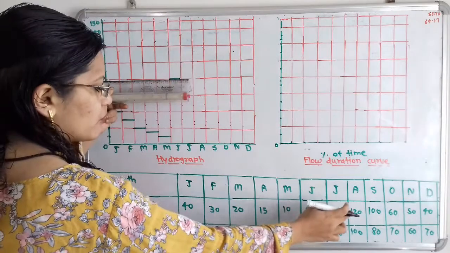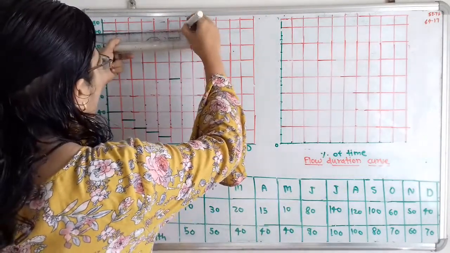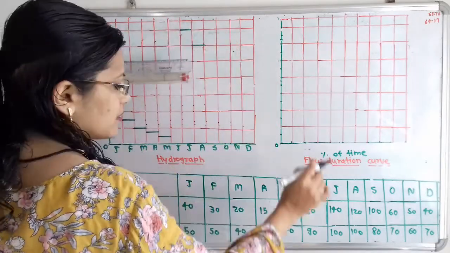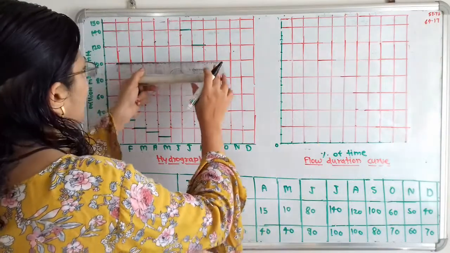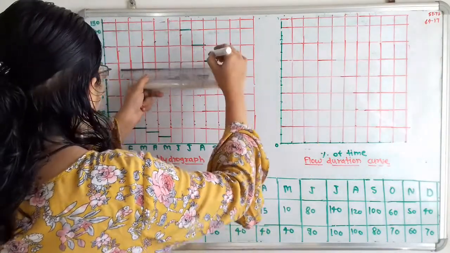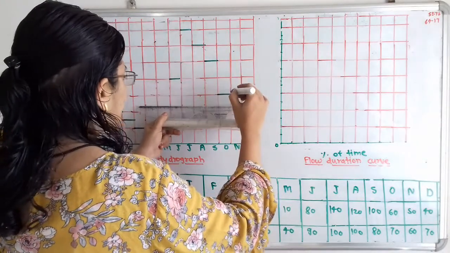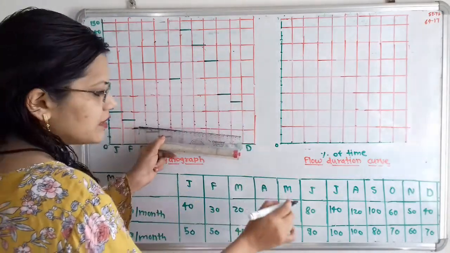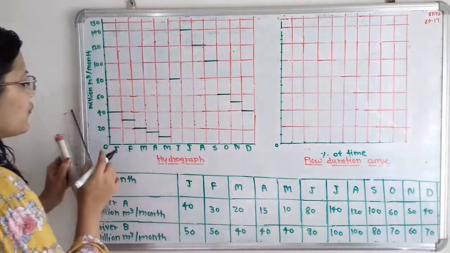Then 140, then 120. Then 100, 60, 50, so we will plot 100, then 60, then 50, that is the middle point of 40 and 60, and then 40. The last month is 40.